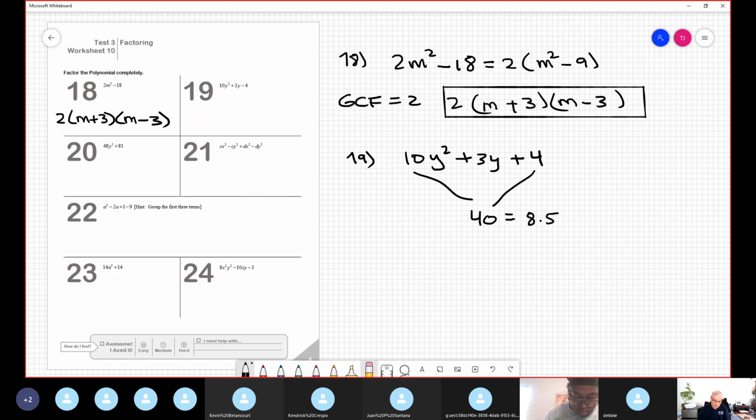What is the reason I don't like this combination? Because it's a subtraction, 8 minus 5, and I don't see any negative number in my trinomial. In my opinion, this smells no good.